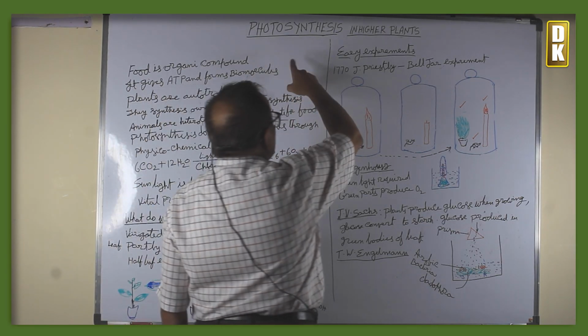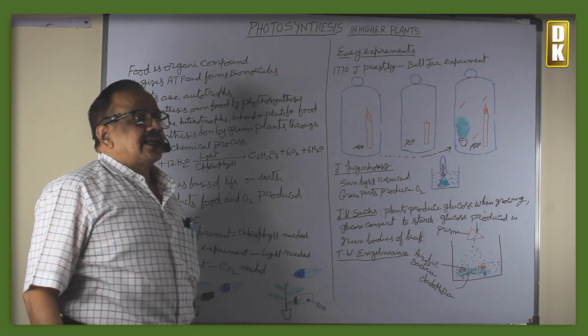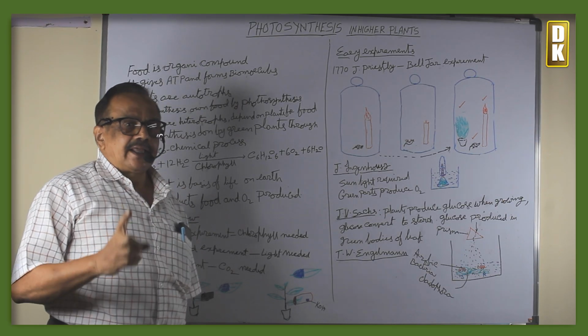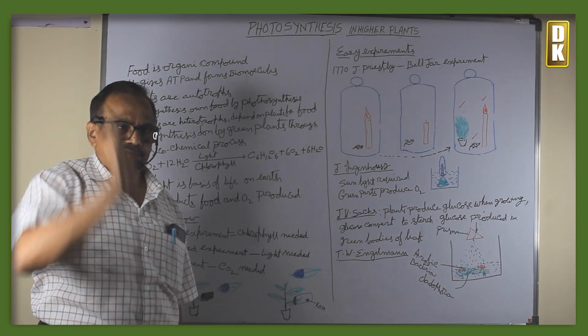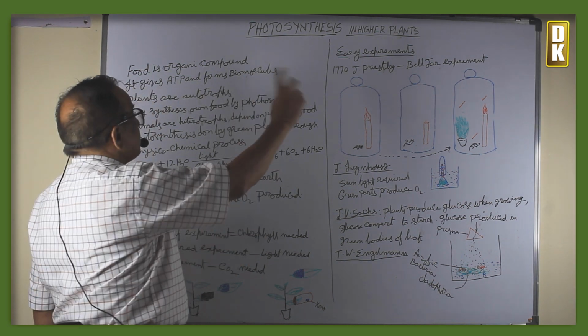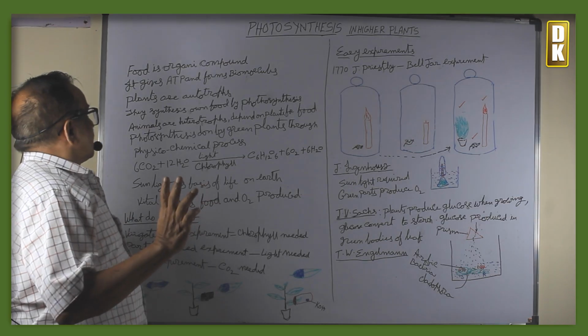Now we are going to study that process in higher plants. Higher plants, in the plant kingdom, are nothing but angiosperms, the flowering plants. So in flowering plants, we are going to see photosynthesis in this chapter.